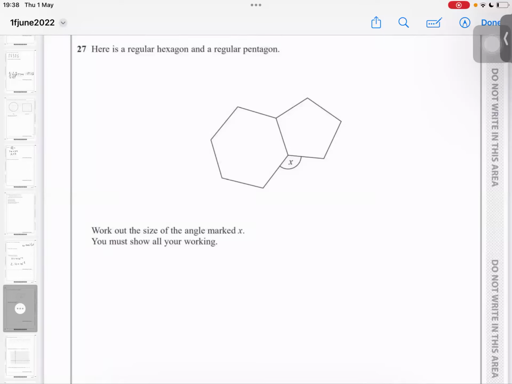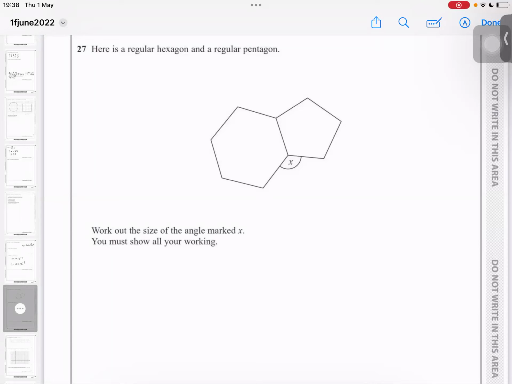But you know what fact we are going to use? There's a mathematical fact for exterior angle of any polygon. Okay, so take note of this.